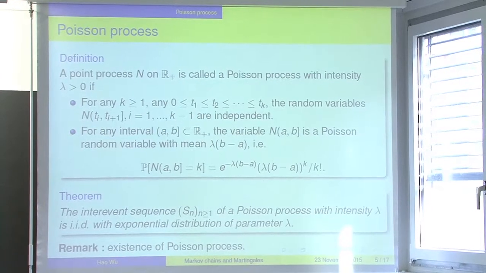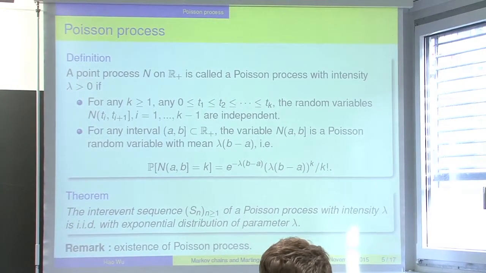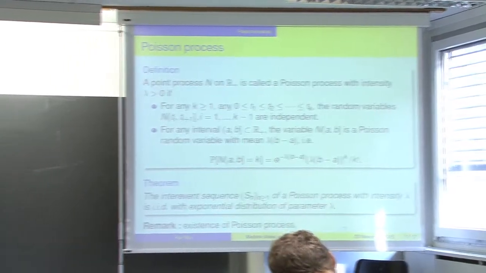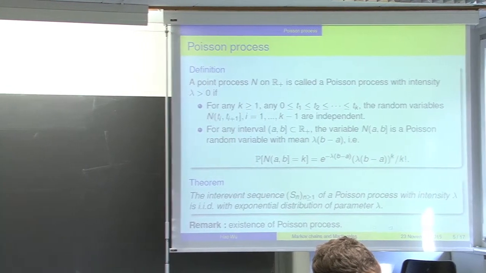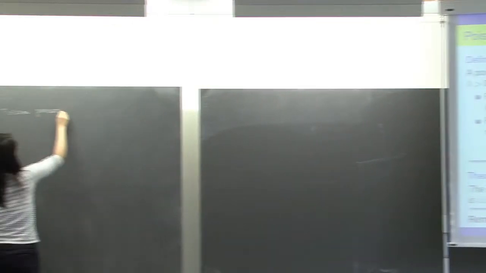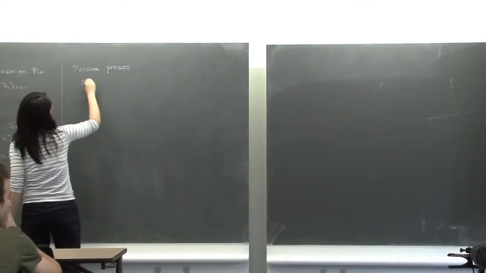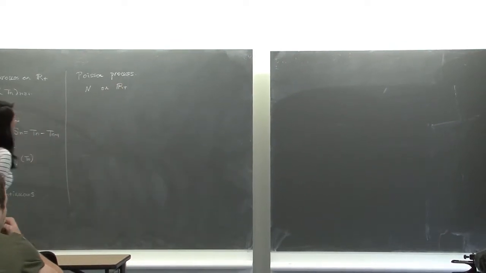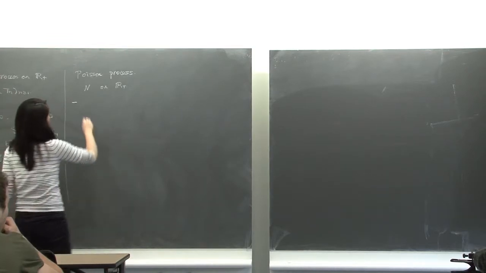Now we can introduce what is a Poisson process. A Poisson process is just a special kind of point process N with the following 2 properties. First, the first property we call independent increments.